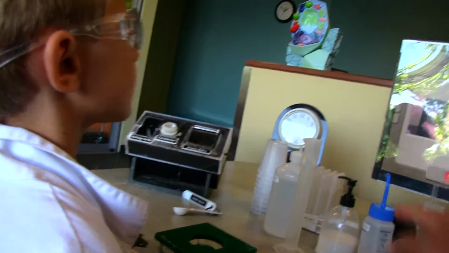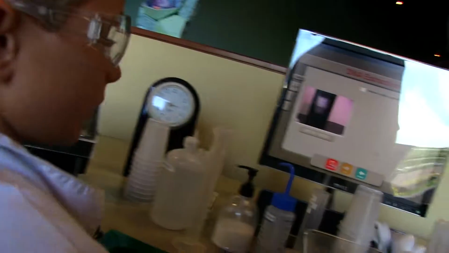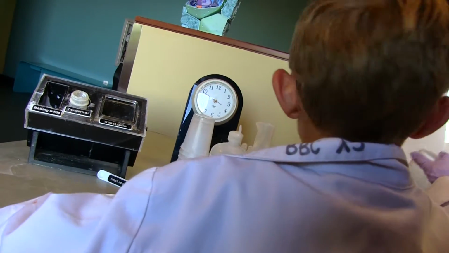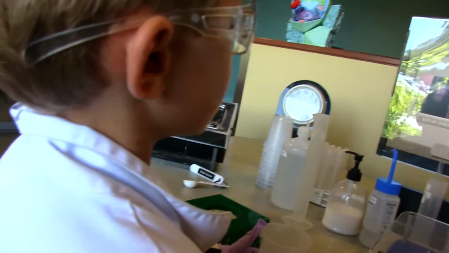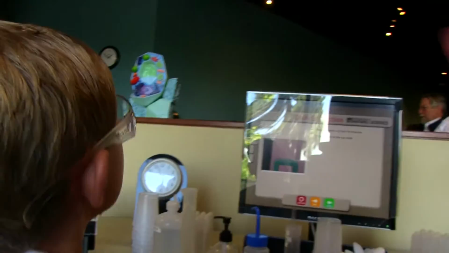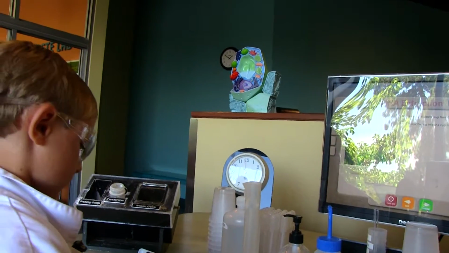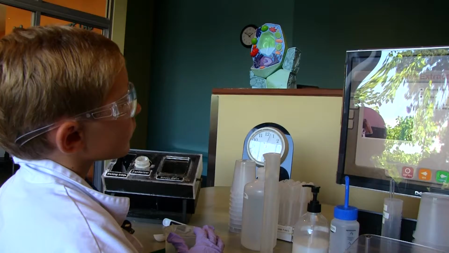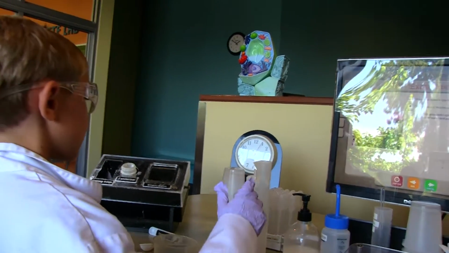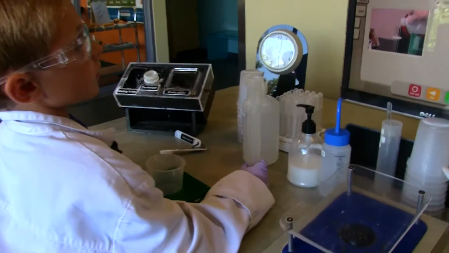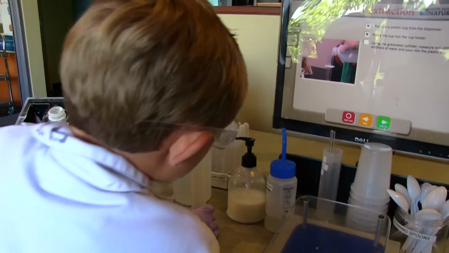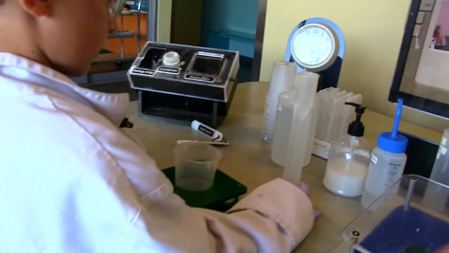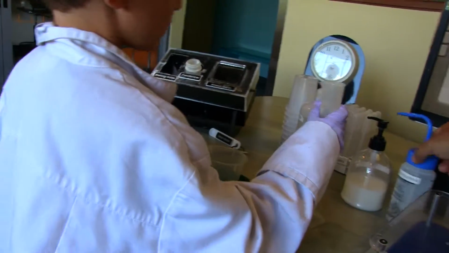Remove plastic cup from the dispenser. Now where are all the glass cups? Right here, I guess. Yeah. Place the cup into the cup holder. Okay. Using the graduated cylinder, measure out 100 milliliters of water and pour it into the plastic cup. Which one's a graduated cylinder? You got it. Good job.